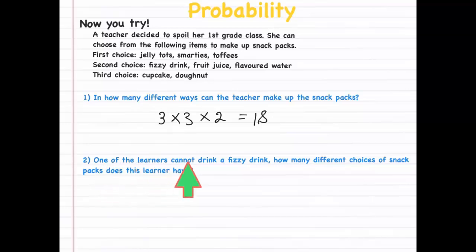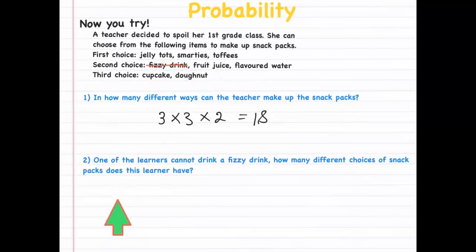Okay, so what about the next question? One of the learners cannot drink a fizzy drink. How many different choices of snack packs does this learner have? So all that we do is we take out the option of fizzy drink from the second choice. So I'm going to take my red pen and I'm going to draw it through the fizzy drink right there. Okay, so now for her first choice, she can still have jelly tots, Smarties or toffees.